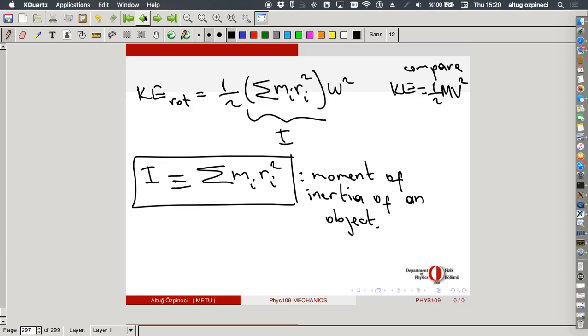If this were the only place where this combination appears, we wouldn't have defined such a concept. But this combination appears in quite different places also. So rather than writing this sum all the time for different quantities, we just give it a name.